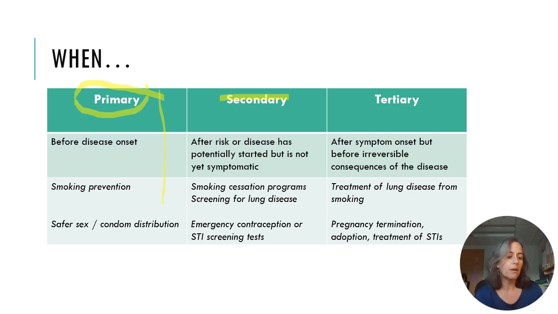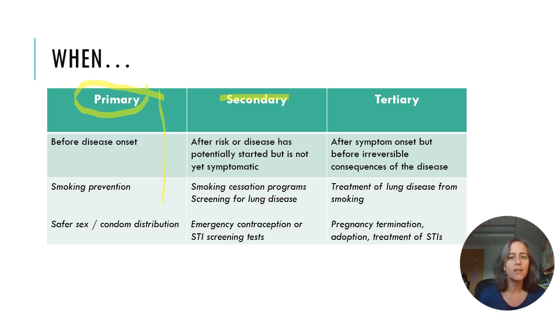When we think about diabetes, which is another really important health condition in our population, screening tests for diabetes to see if somebody's in the very early stages of diabetes, that's one of the things that we do. That's a secondary intervention. Or in the case of unprotected sex and the risks thereof, we might be talking about emergency contraception or getting STI testing to see if you actually got something that you didn't know about.